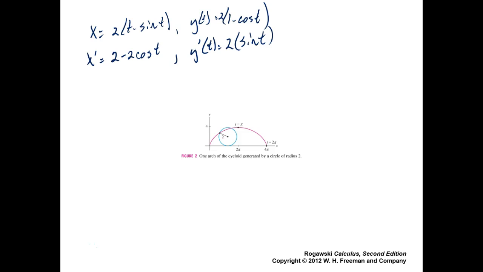What's the next thing you've got to do? Square each of those. X prime squared is then, I like it better, 2 times 1 minus cosine t. It just seems like it's going to be a little easier to do. What would that be? 4 times 1 minus 2 cosine t plus cosine squared t.